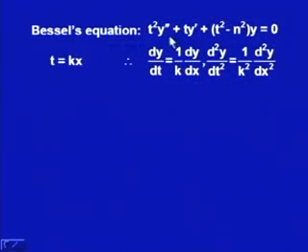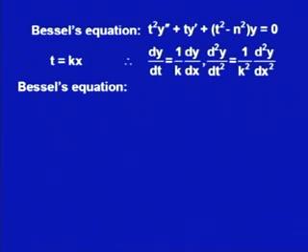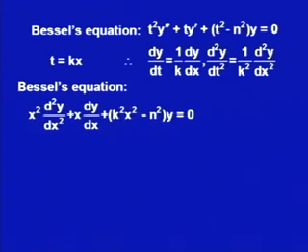Here y dash and y double dash were with respect to t. So, dy over dt would be 1 upon k dy over dx, and d2y over dt2 would be 1 upon k square d2y over dx2. If I substitute this in the given Bessel equation, I get x square d2y over dx2 plus x dy over dx plus (k square x square minus n square) y is equal to 0.